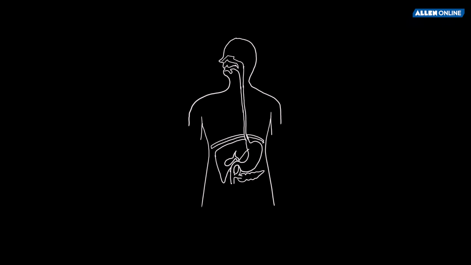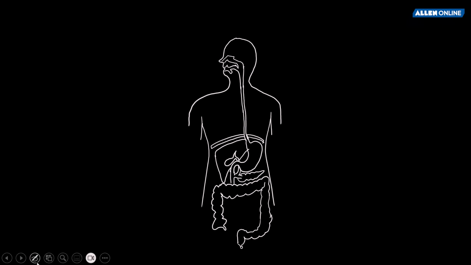So first we'll draw with the large intestine here. Like this, you have to draw the large intestine. Okay, so complete it like this.